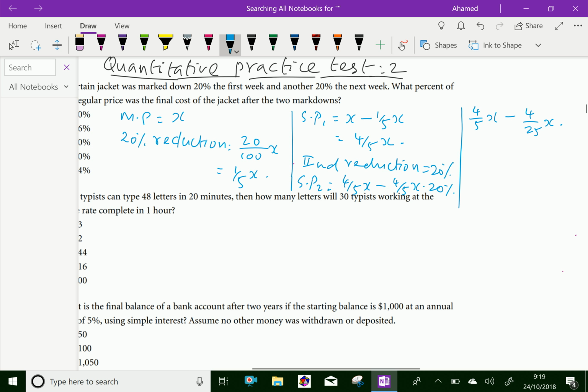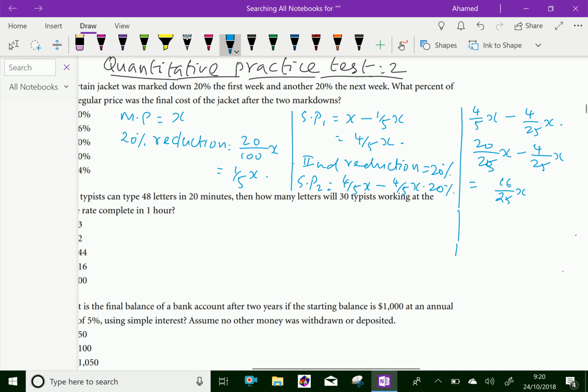By simplifying, multiply the first factor by 5, that is 20 over 25 x minus 4 over 25 x, which gives 16 over 25 x. This is the selling price after the second reduction.